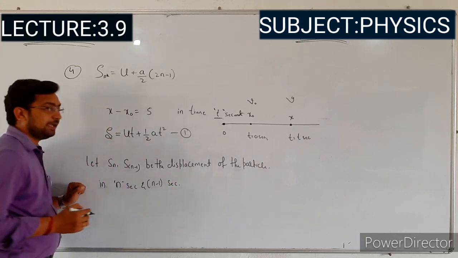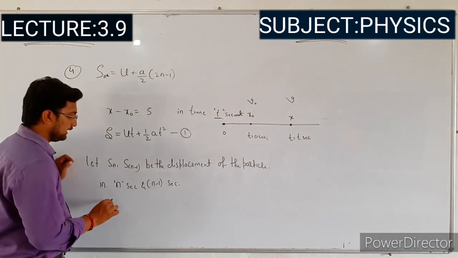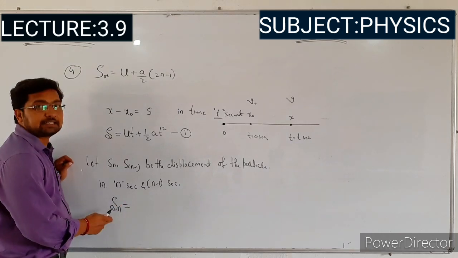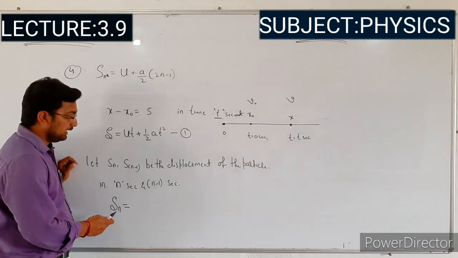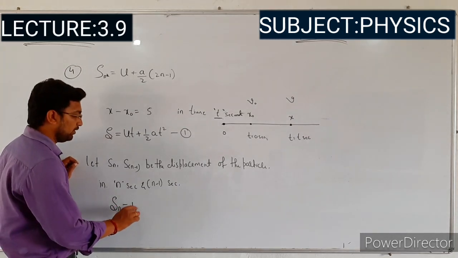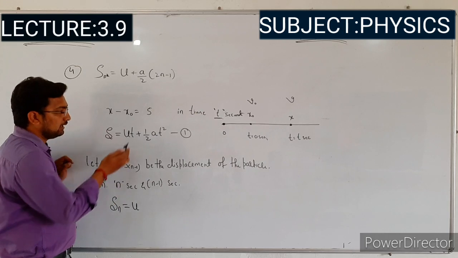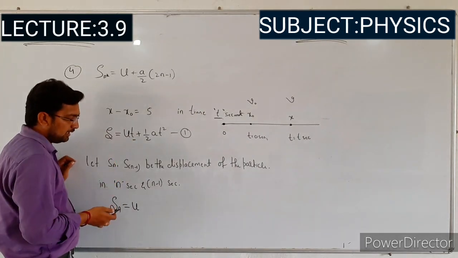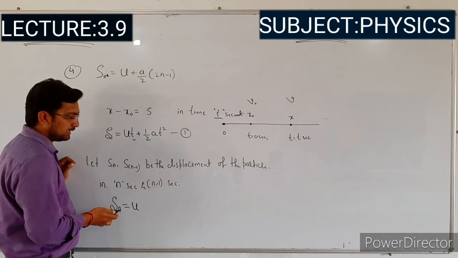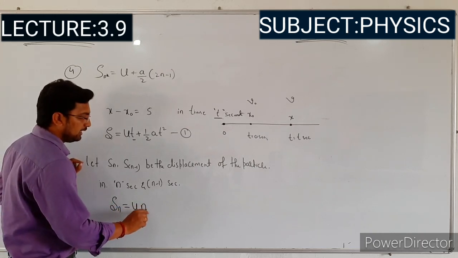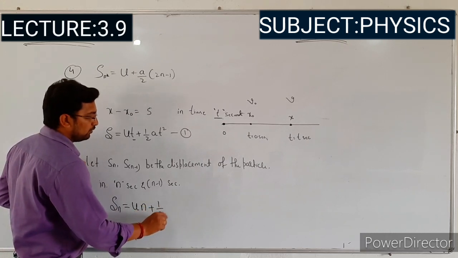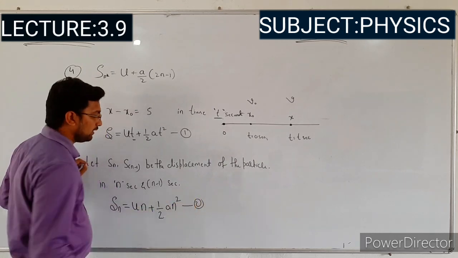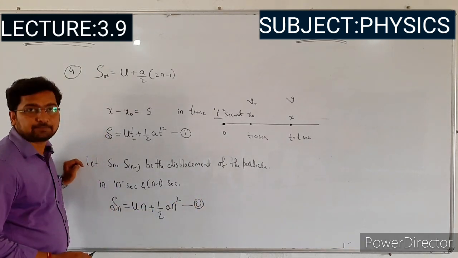So s suffix n indicates the displacement of the particle in n second. Here we are replacing time by n, so instead of t we are substituting n. So the displacement of the particle in n second is equal to u into n plus 1 by 2 a into n square.